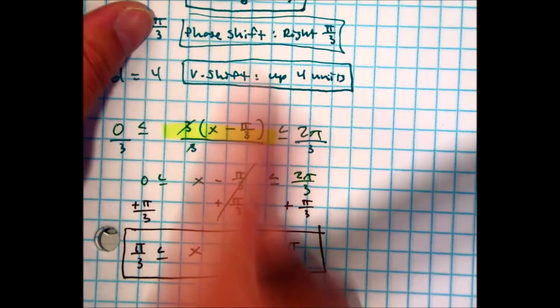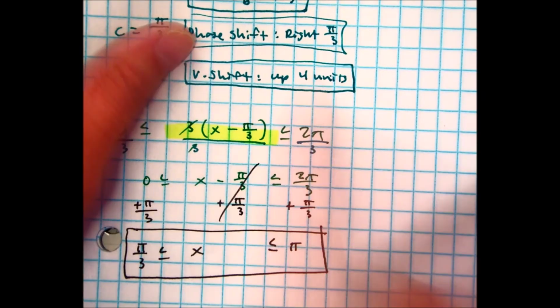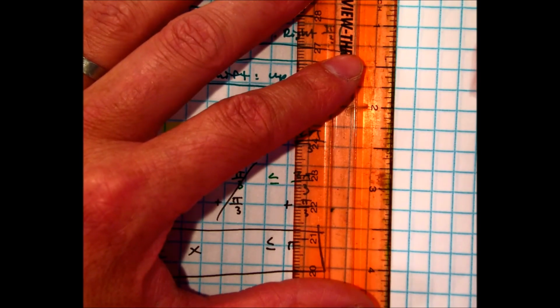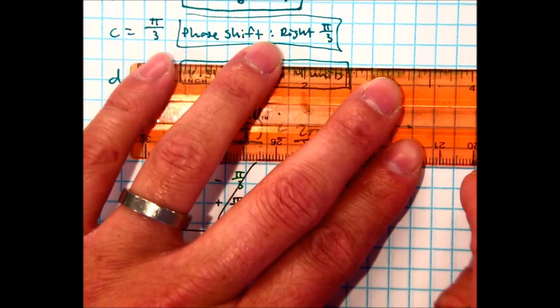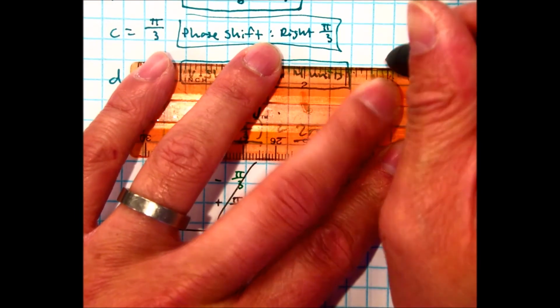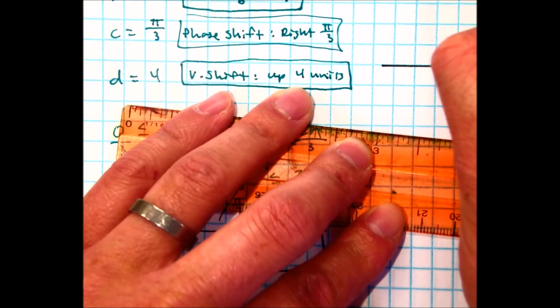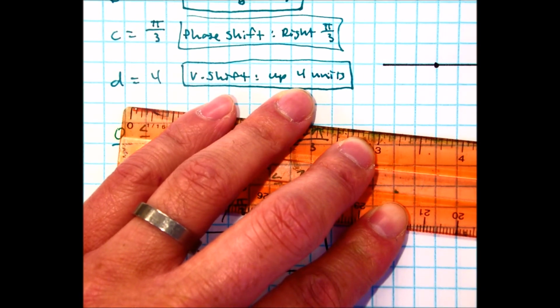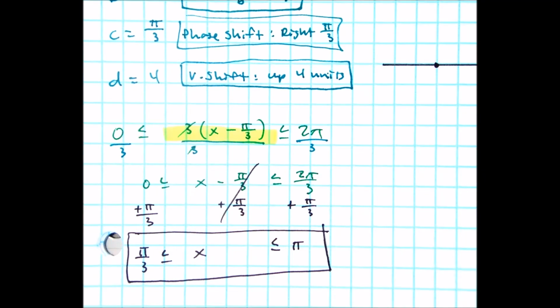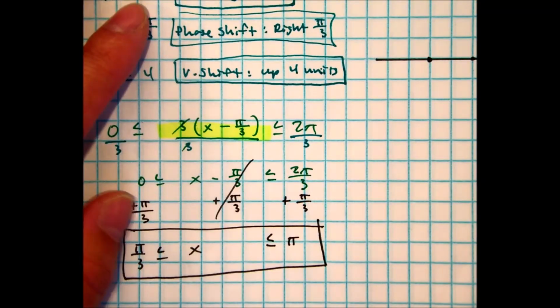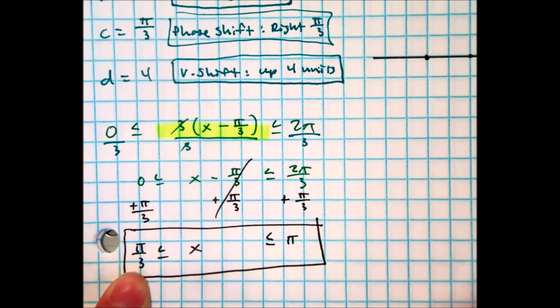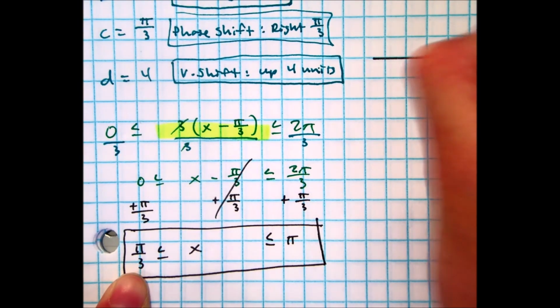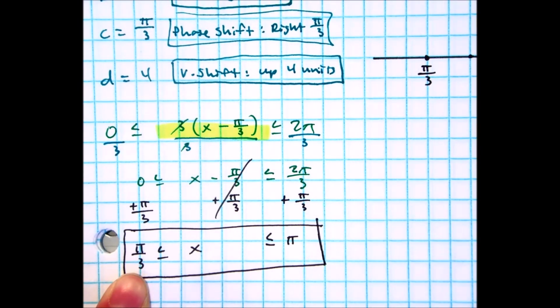Alright, because we're pushing it off to the right, I'm going to draw my first 5 points. And because I have a phase shift, I'm not actually going to draw the y-axis. So I have pi over 3, and over here I have pi.